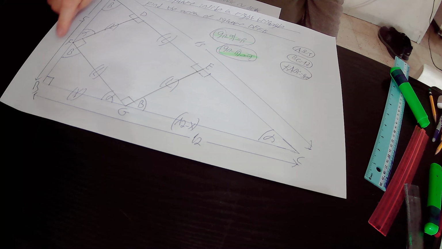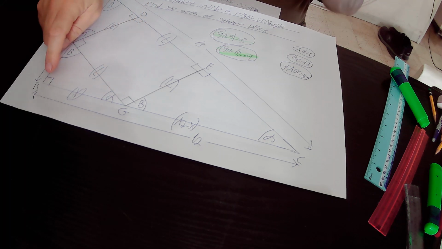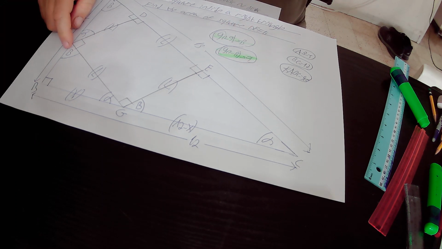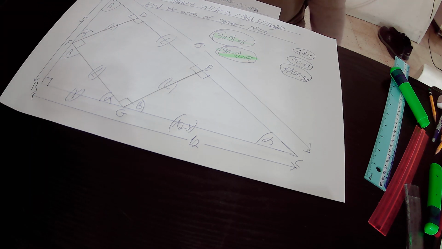If we focus on the right triangle FBG, on the right small triangle FBG, this angle equals alpha, this angle equals 90 degrees, therefore the missing angle here must be equal to 90 degrees minus alpha. But 90 degrees minus alpha equals beta, therefore the missing angle here equals beta. Then we focus on the right small triangle DFA.